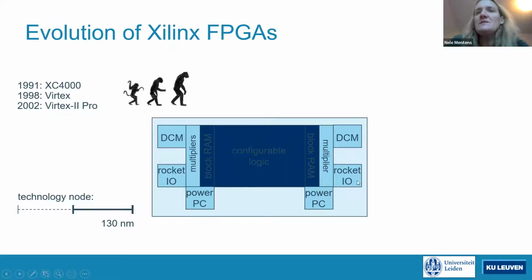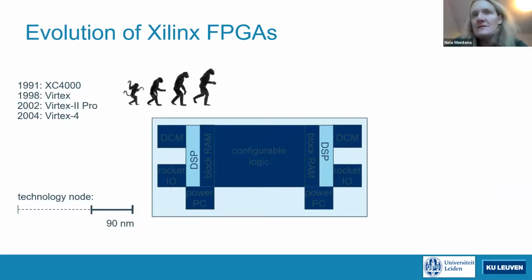And then also Rocket IO was one example of something that was added to have faster input output, and a digital clock manager that allowed to work with multiple clock domains. Then some more things advanced, and also the blocks that are here in dark blue, there were updates on these building blocks also. It doesn't mean that because I make them dark blue, they stayed exactly the same as in the previous generation, but I'm just highlighting new features.